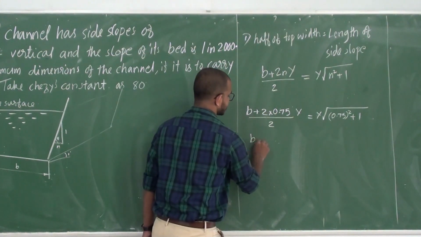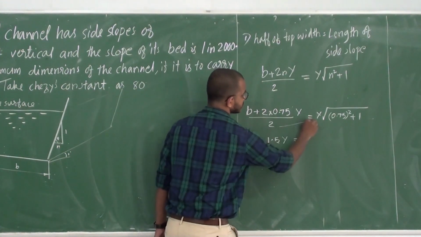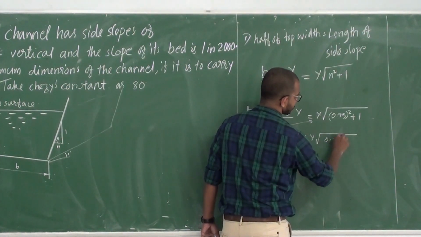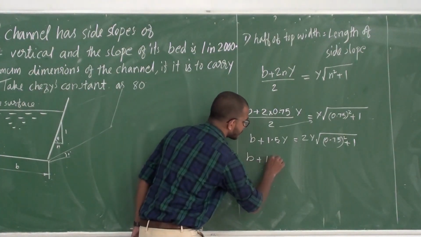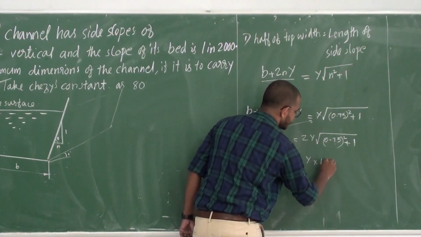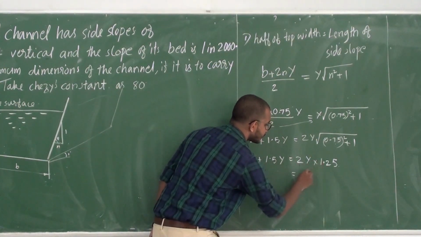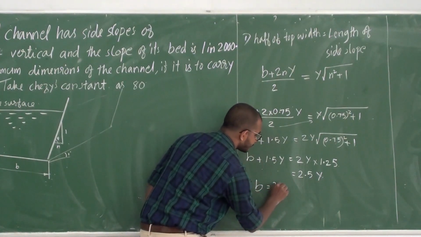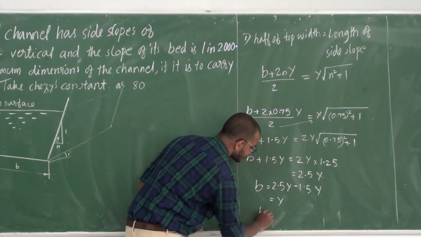So B plus 1.5 y is equal to 2 into y into 1.25, that is 2.5 y. That means B is equal to 2.5 y minus 1.5 y, that is y. So B is equal to y.